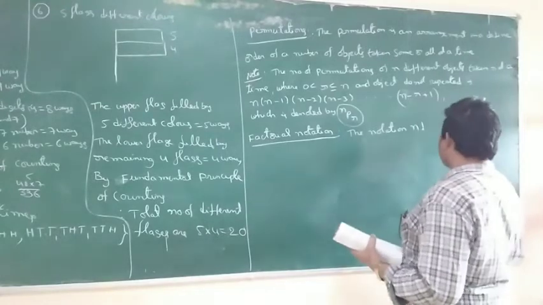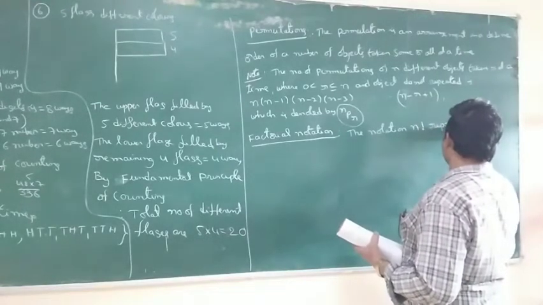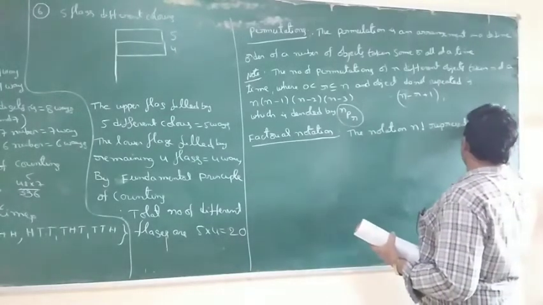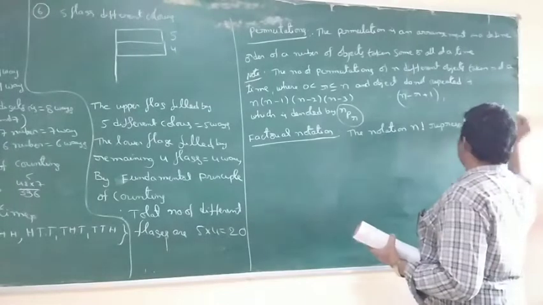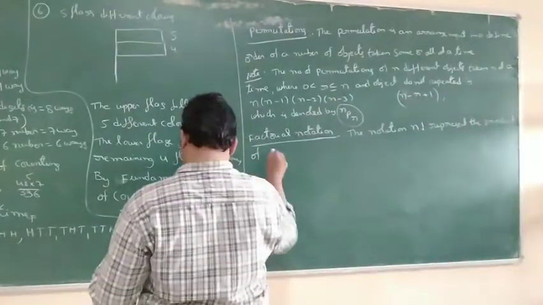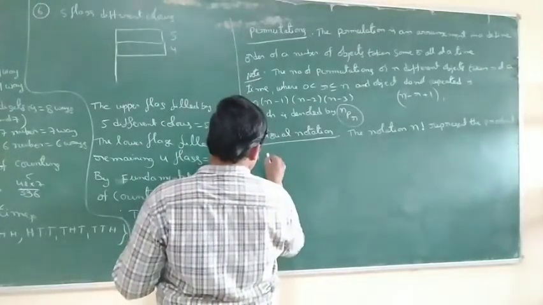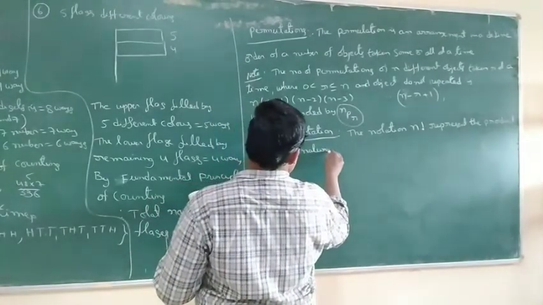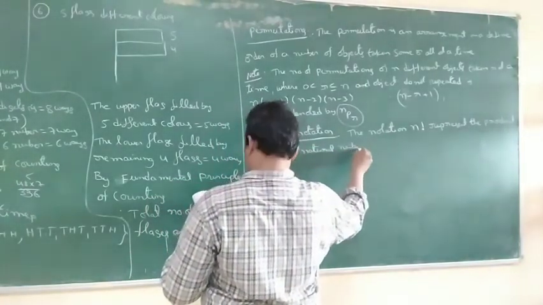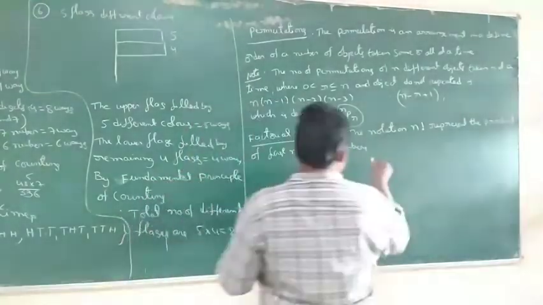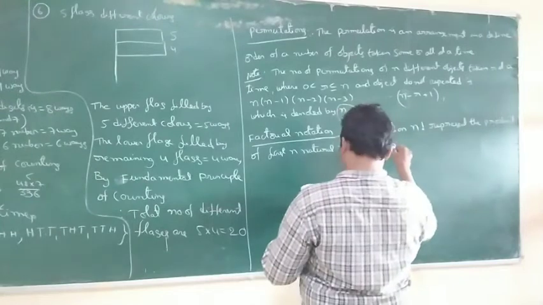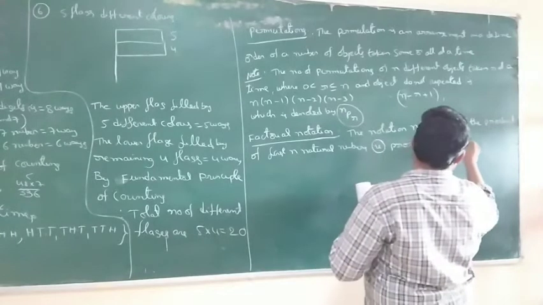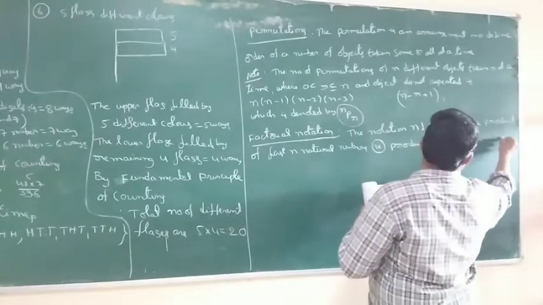N factorial represents the product of the first n natural numbers. That is, the product of 1 into 2 into 3 into 4 and so on into n.